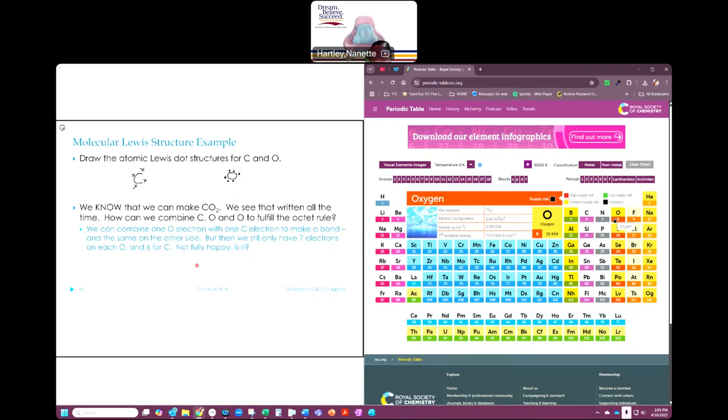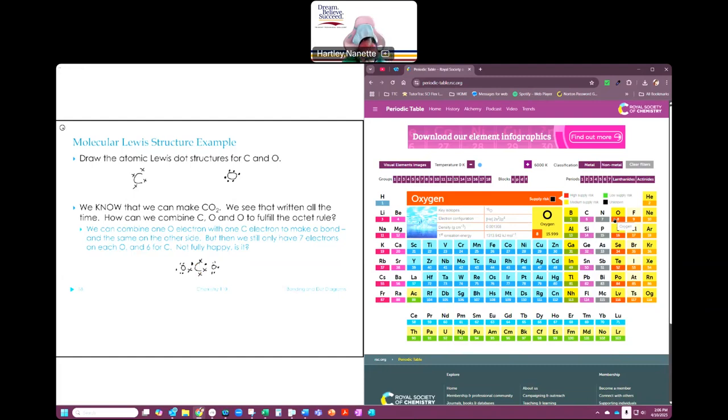I can take C, put it in the middle, and place electrons around it, and then an oxygen on each side with its electrons.